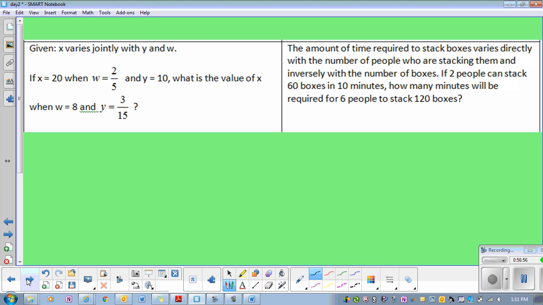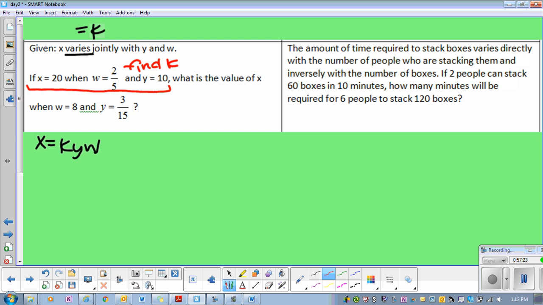Okay, so the next one says, given x varies jointly with y and w, varies, remember, equals k. X varies jointly with y and w. So this one is like a real, you have to go all the way through type of problem, right? So this first part here, that is what helps you to find k.